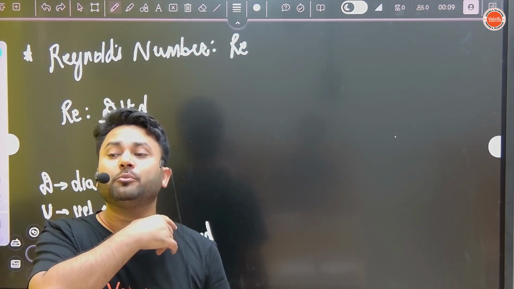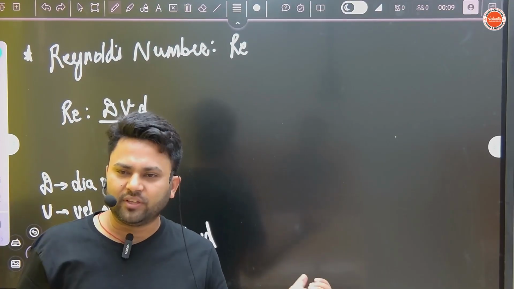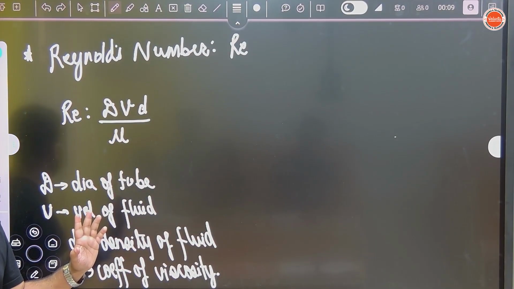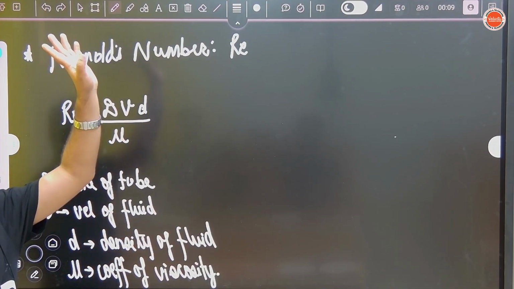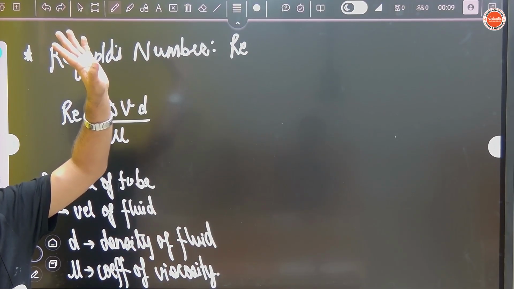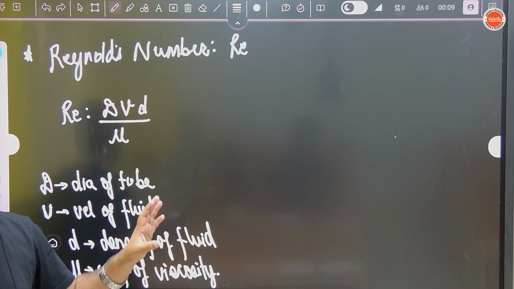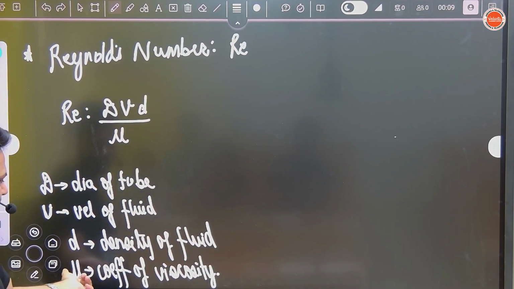Like friction equals mu N, similarly here there is a mu term which is called the coefficient of viscosity. In fluids, the friction has some formula, we will discuss later. But this mu is the coefficient of viscosity.